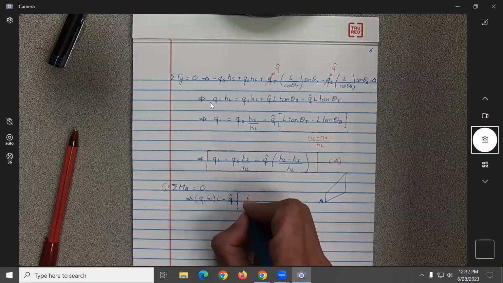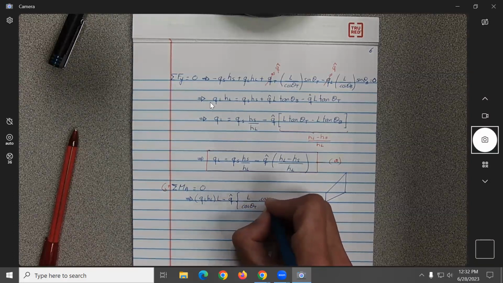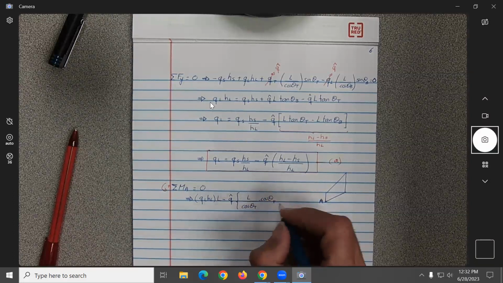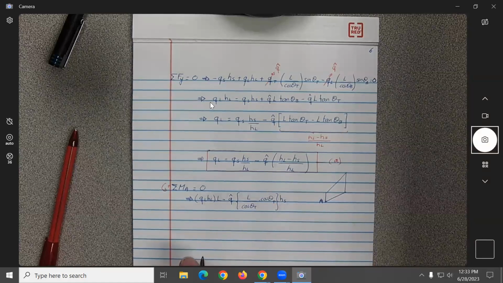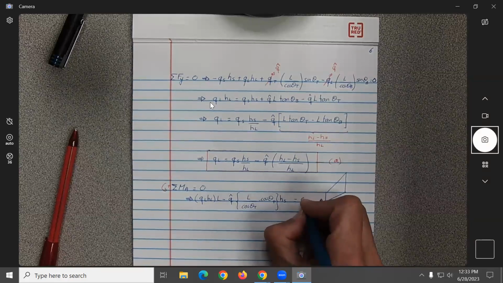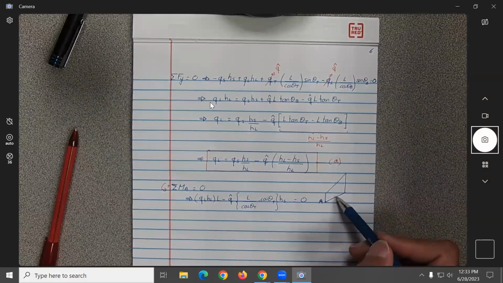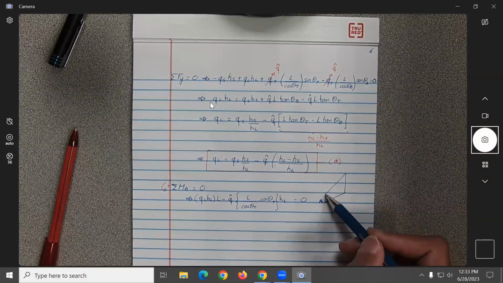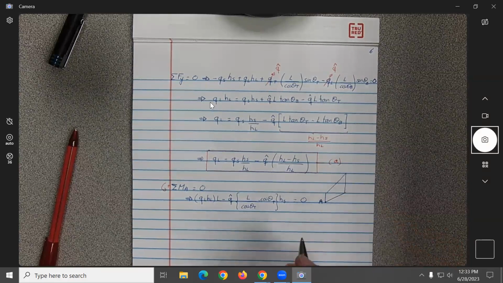The L over cosine theta top times cosine theta top H sub S equal to 0, because what would be the moment created by the two shear flows going from this one and this one? It's going through point A, so they will be 0, no? Correct? So we should only have this one over here and this one, no? Creating moments, all right? That's basically what we're doing.